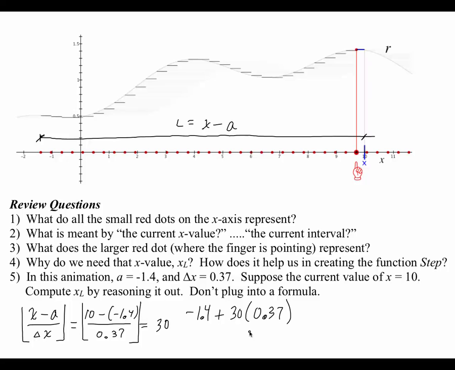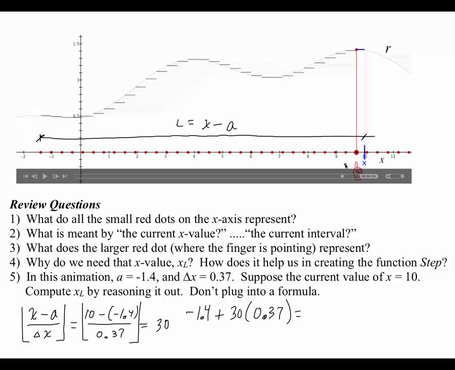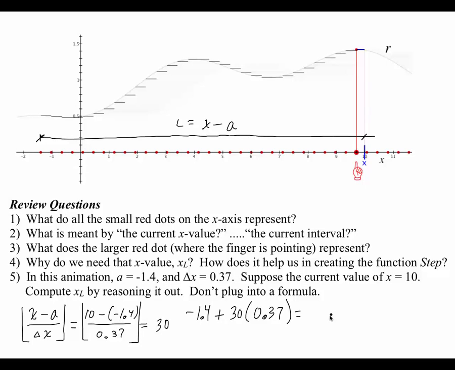Does it make sense? And we should get something like 9.7 or something. What do we get? 9.7. Exactly? Yes. And that looks about right. If we see where 9 is and where 10 is, we're closer to 10 than 9. Okay, does that kind of make sense?